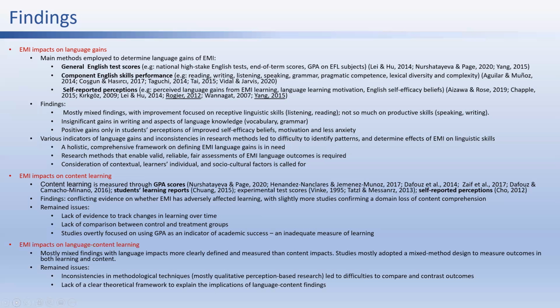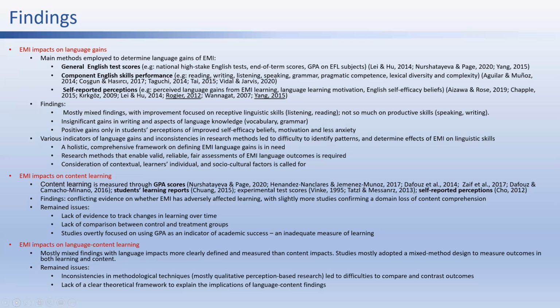Okay, so in terms of EMI impacts on language and content learning, both outcomes mostly show mixed findings, with language impacts more clearly defined and measured than content impacts. Studies mostly adopted a mixed method design to measure outcomes in both language and content learning. There are some remaining issues again here. There are inconsistencies in methodological techniques.